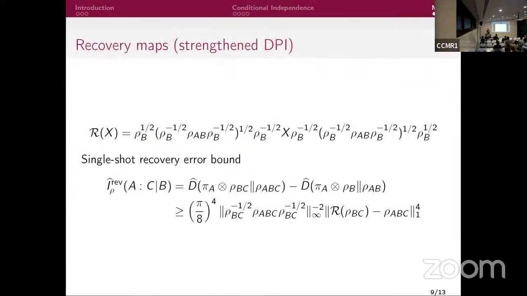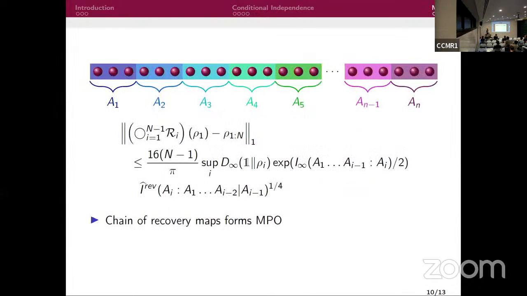But what we want to do is find this tensor network representation. So we want to break up this chain into small matrices, and these matrices will actually be the recovery maps. So what we do is we make a chunking. We take little chunks that are sufficiently large that, from our first result, the conditional mutual informations that we are interested in are already very small. And then we take the state on A1, reproduce the state on A2 by acting on A1, reproduce A3 by just acting on A2 and ignoring A1, and so on and so forth.